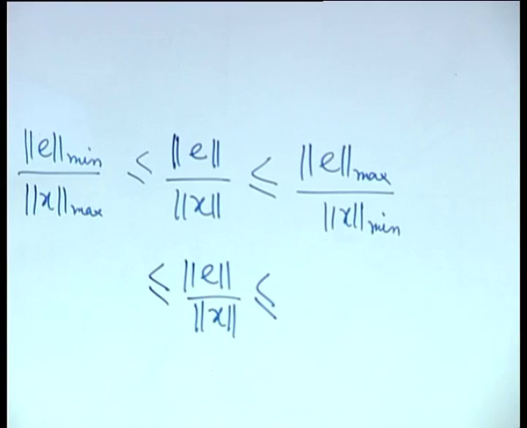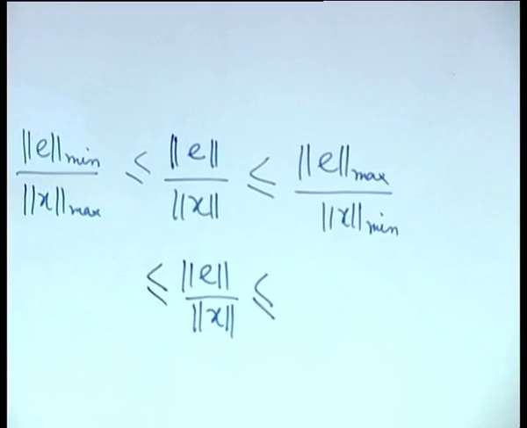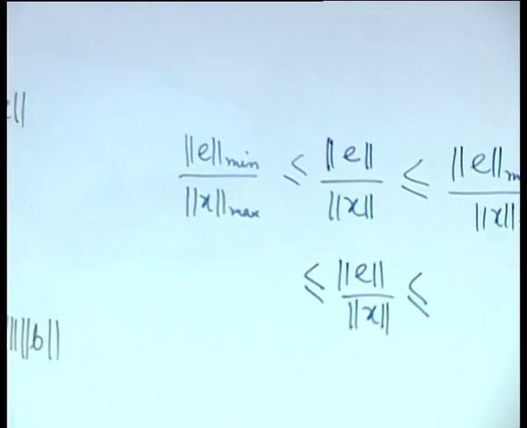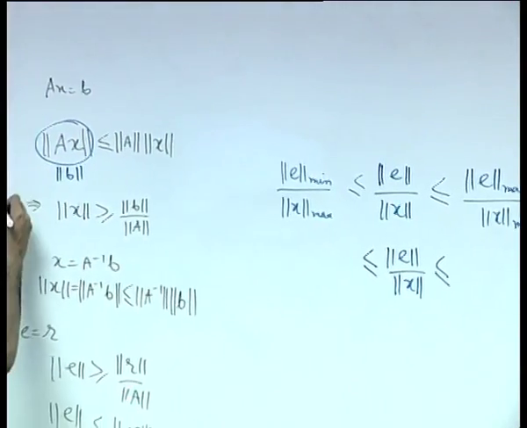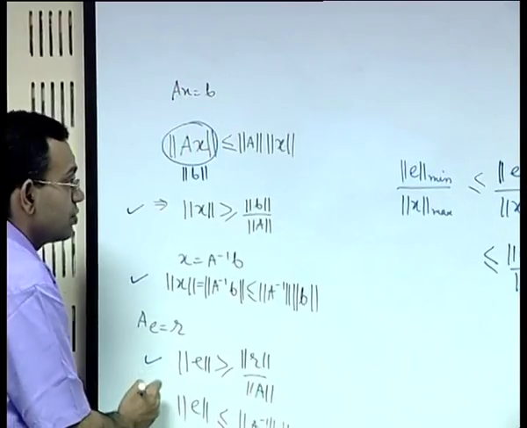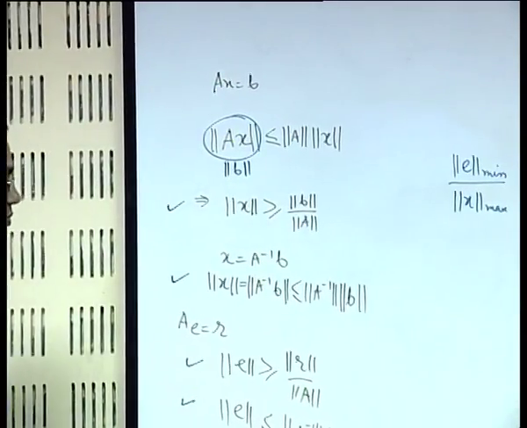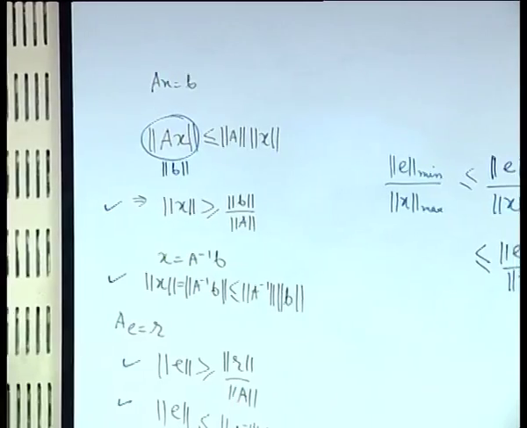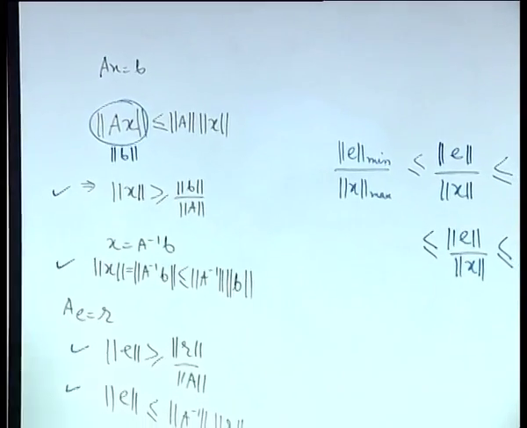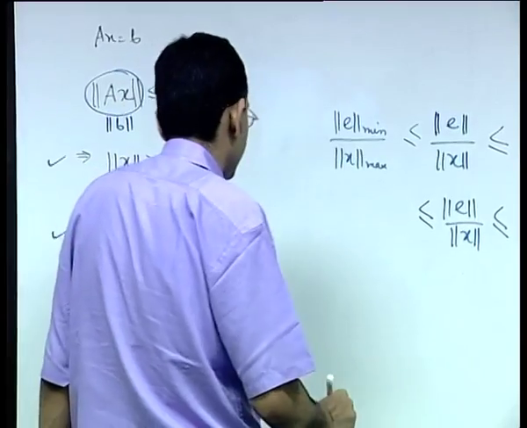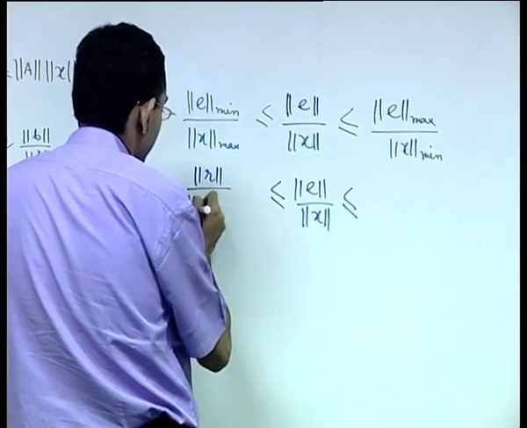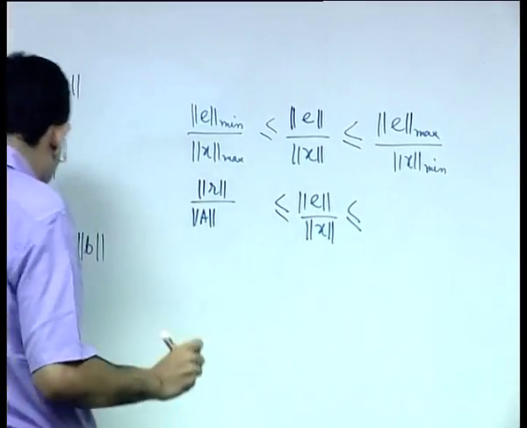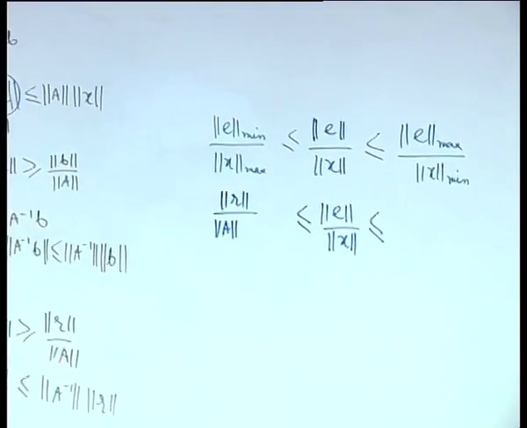What is norm of E minimum? Out of these we now have these 4 inequalities which we can use. Norm of R by norm of A. And what is norm of x maximum?